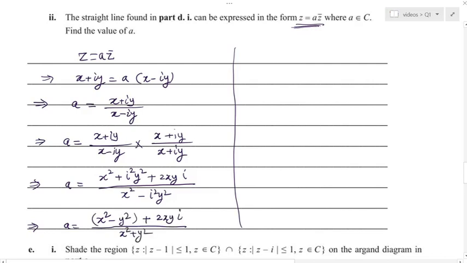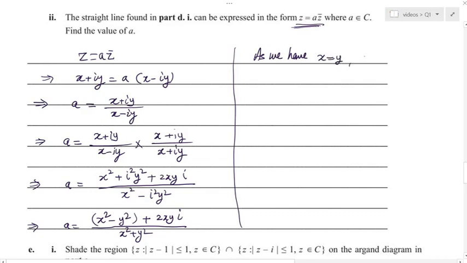Now we know that our equation is x = y. That's what we are trying to derive. Let me put it in a different way: this equation basically has the Cartesian equivalent of x = y.